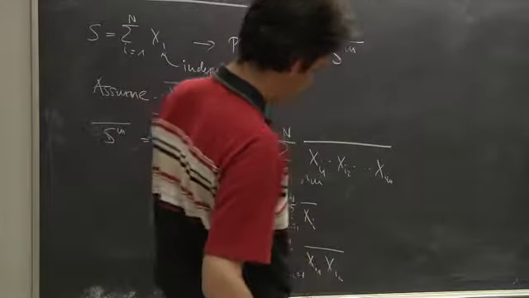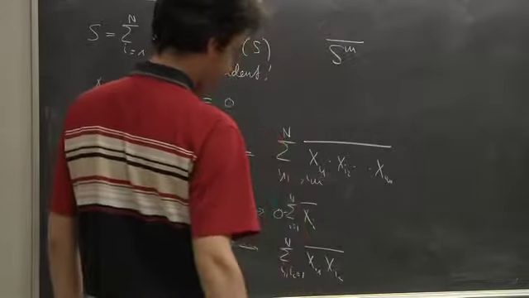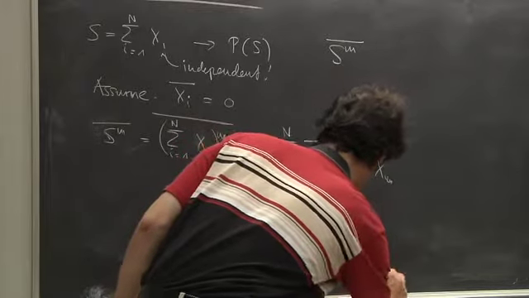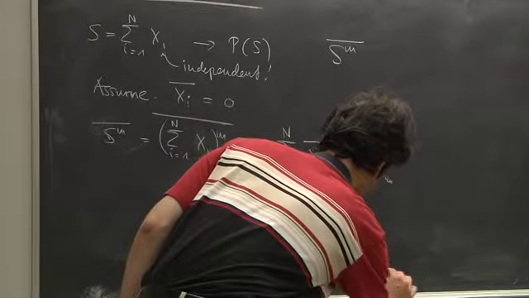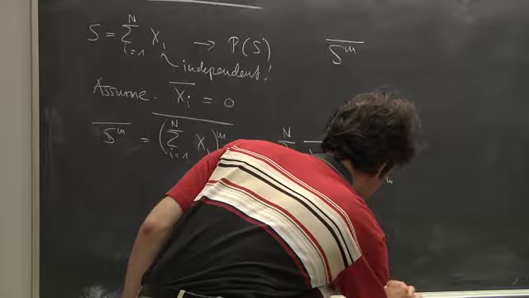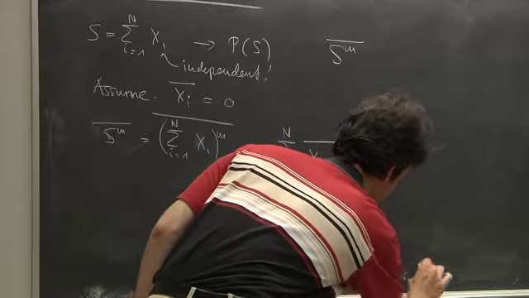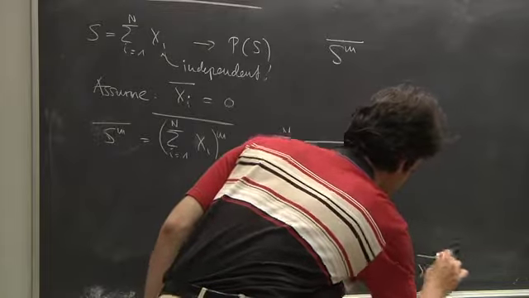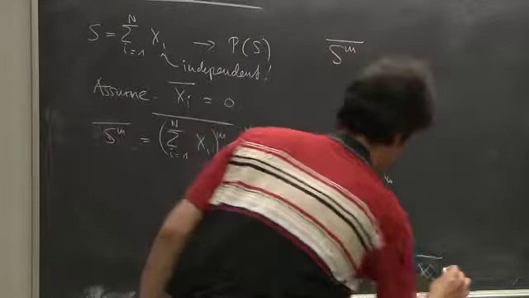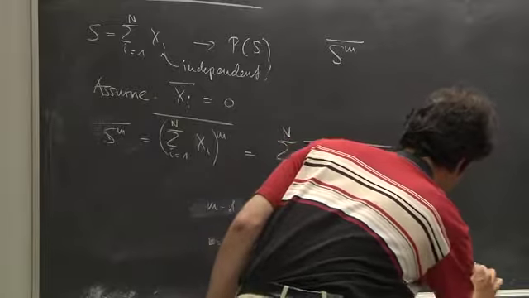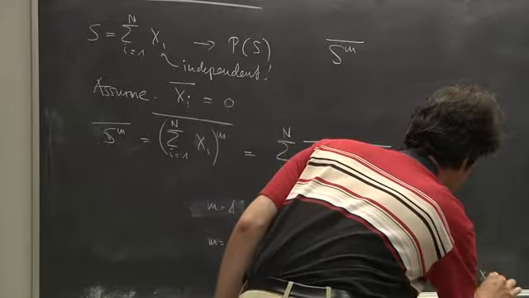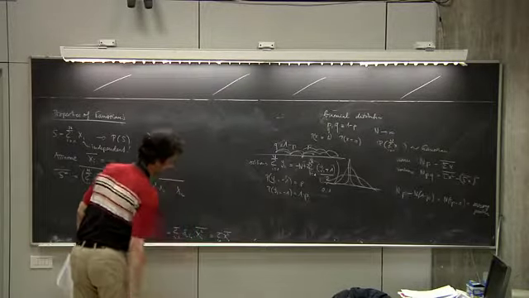Then this is only non-zero if I1 is equal to I2, right? So this will be the same sum, delta I1, I2 of xi1 squared average, and that gives me the sum over I1 of xi1 squared averaged.